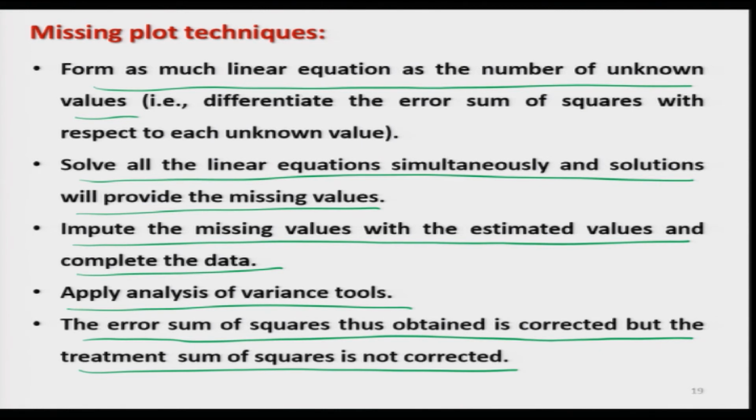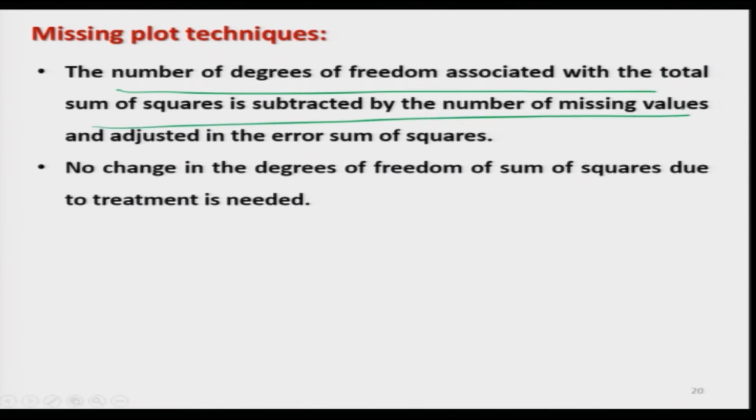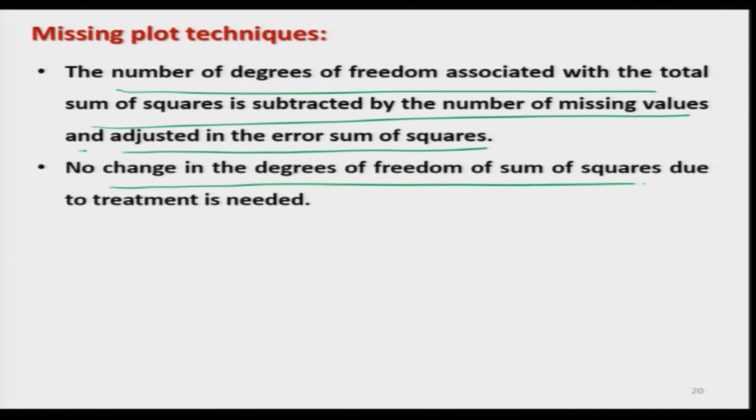So, that is going to affect the degrees of freedom, and that is also going to affect the sum of squares. So, this adjustment is made only on the error sum of squares, right, and the number of degrees of freedom associated with the total sum of squares is reduced by the number of missing values, and then the adjustment is made in the error sum of squares, right, and there is going to be no change in the degrees of freedom of the sum of squares due to treatment, right.